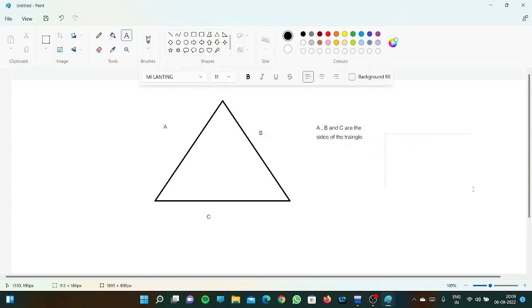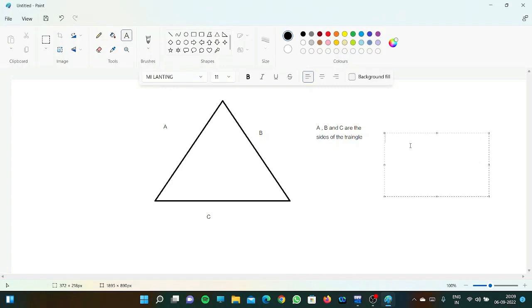So we have this one condition, not one, we actually have 3 conditions. Now what are those conditions? If side A plus side B is greater than side C, this is first condition, condition number 1.